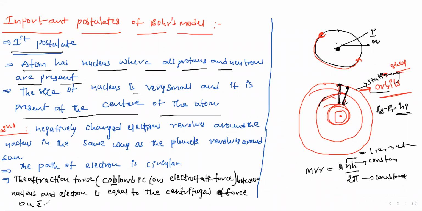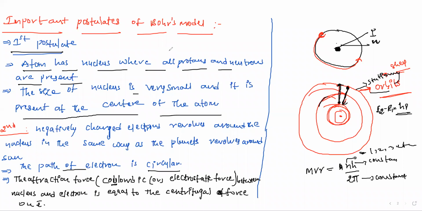Write down this up to here. Simple. Electrons are revolving around the nucleus in circular paths. The atom has a nucleus where protons and neutrons are present, and the nucleus is very small compared to the atom. Negatively charged particles revolve around the nucleus like planets revolve around the sun, but in fixed circular paths. The path of the electron is circular.